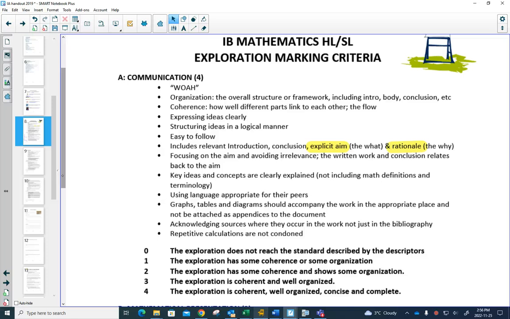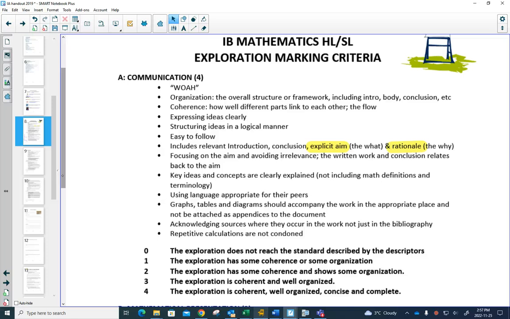So how is it organized? Is it coherent? You can use little subtitles. Those are a nice way to separate sections, like "developing my model using transformations." It's like, I didn't really know how to nicely go from the last paragraph to this one, so I have a title that separates it and makes it clear. That is perfectly fine. Okay? So, is it easy to follow?